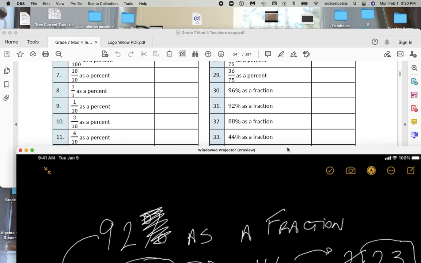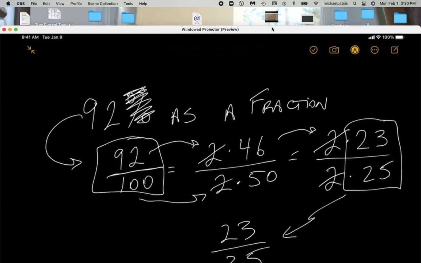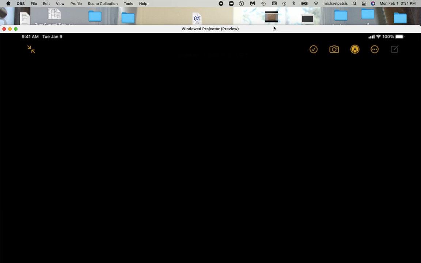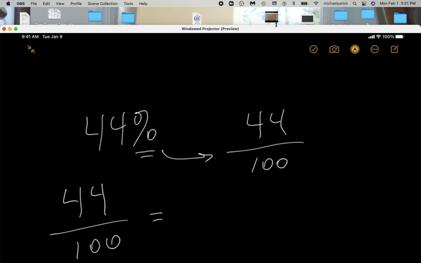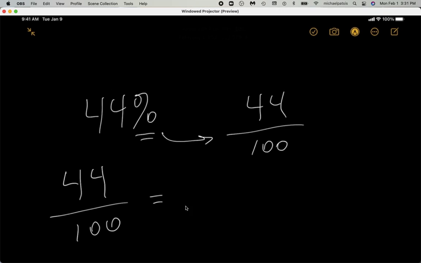Okay, let's do one more, 44% as a fraction. As soon as we see that percent sign, we can divide by 100 and take away the percent sign. So there it is. We went from percent to a fraction. Now theoretically we're done. However, most teachers like us to break this down or reduce it.